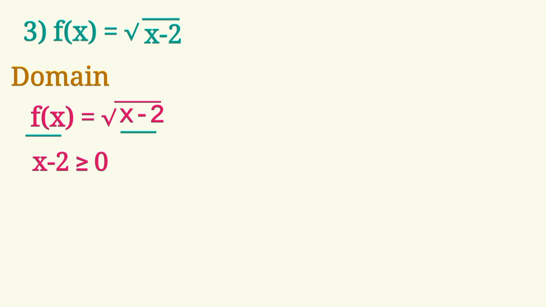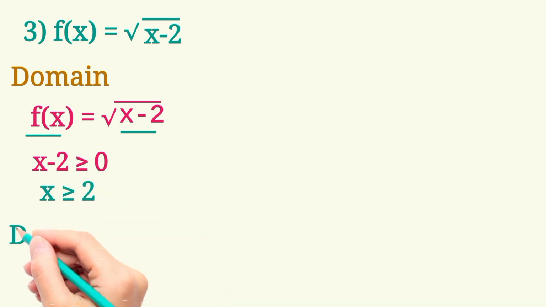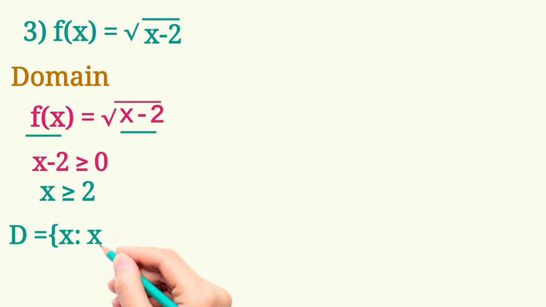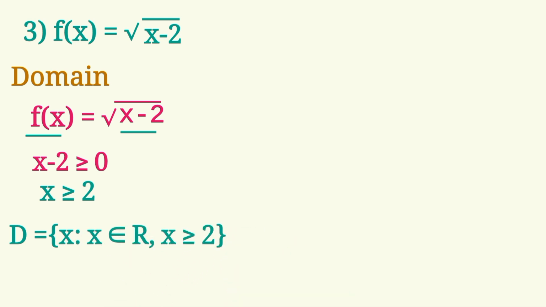So x should be always greater than or equal to 2. So domain of the function will be {x such that x belongs to R, x is always greater than or equal to 2}, or domain is from [2, infinity), where 2 is included.